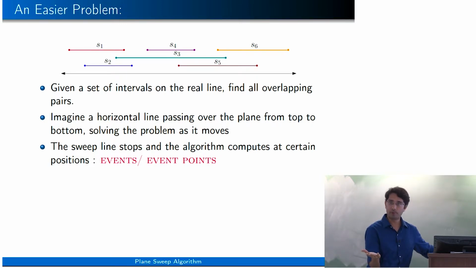When I am starting the problem, what I have is a set of line segments. That means I have the endpoints. So at the beginning of the algorithm, I know what my event points are. Clear? Right? I know that I have to stop exactly at these points. So stop at the left end point of S1, then left end point of S2, like this.